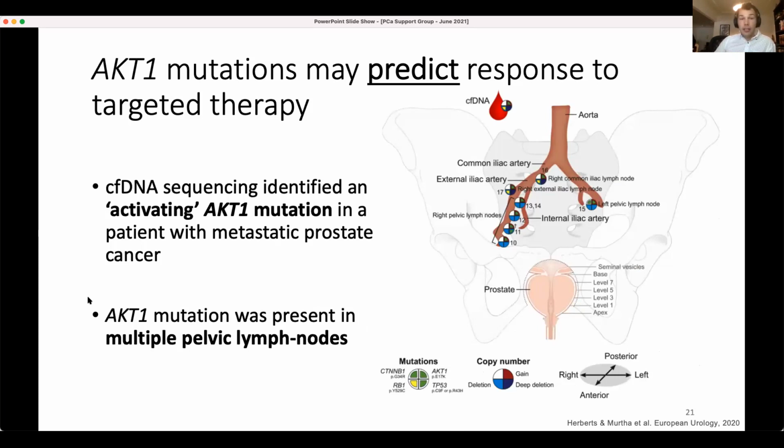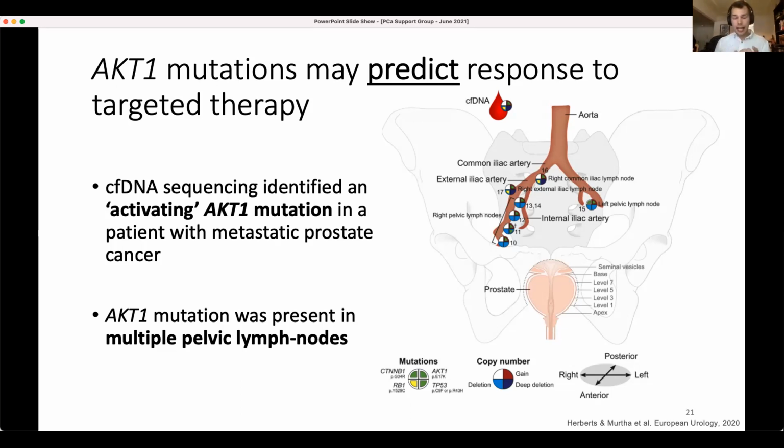When the patient underwent surgery for his localized disease, the surgeon, Dr. Martin Gleave, some of you might be familiar with, also identified several lymph nodes in the pelvis that also had evidence of tumor lesions. And so we profiled the DNA of these lesions as well and found this AKT mutation in basically all of the tumor tissue we had available to us.